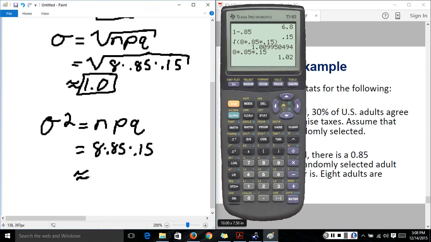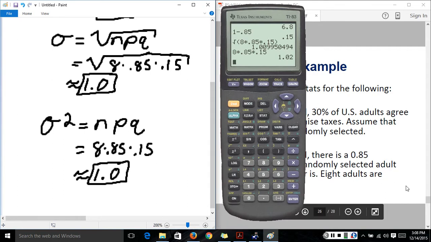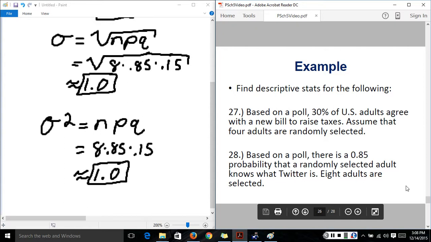And I get approximately 1.0 for that as well, which makes sense. Those are the descriptive statistics for binomial scenarios.